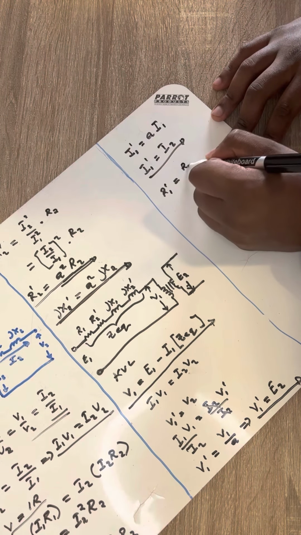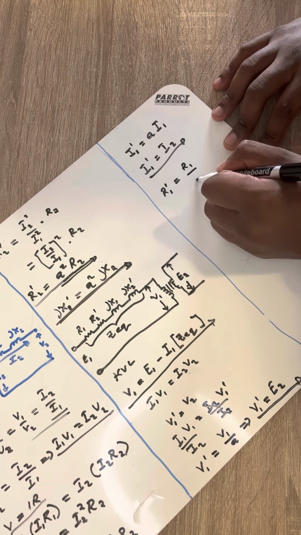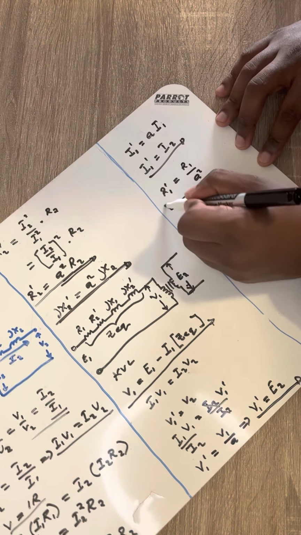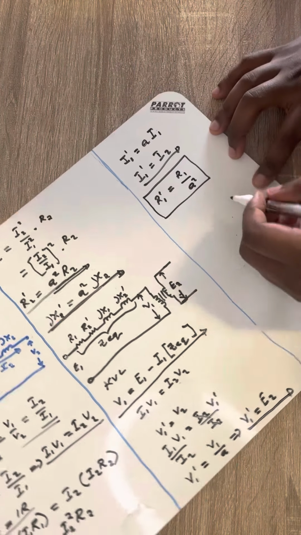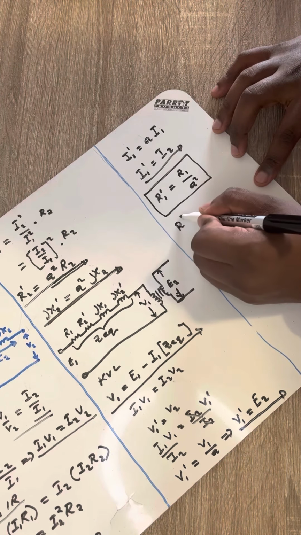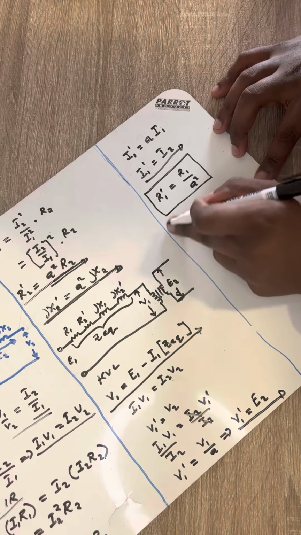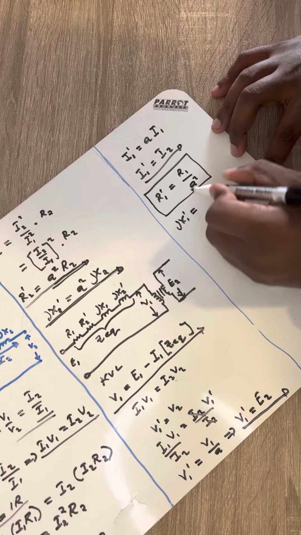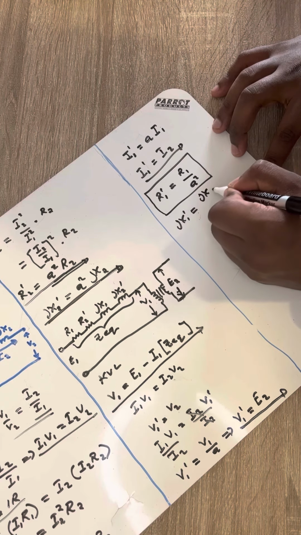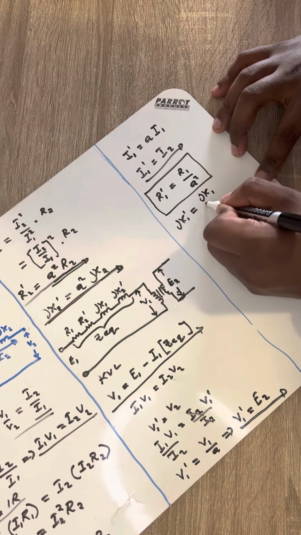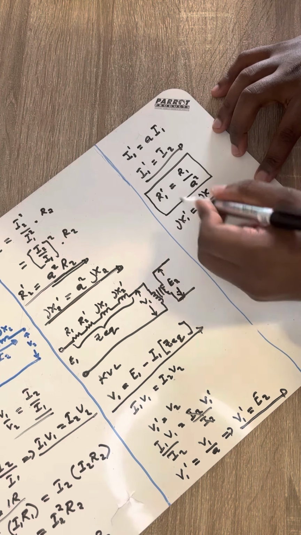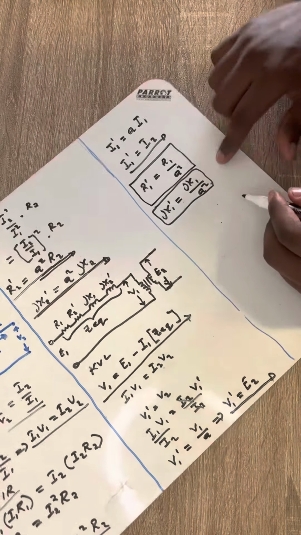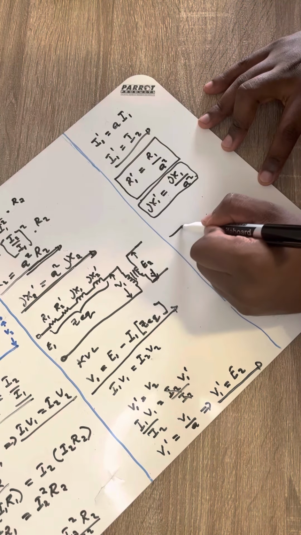We will have R1 divided by A squared, where A is the ratio, right? And then jX1 prime is equal to jX1 divided by A squared, right?